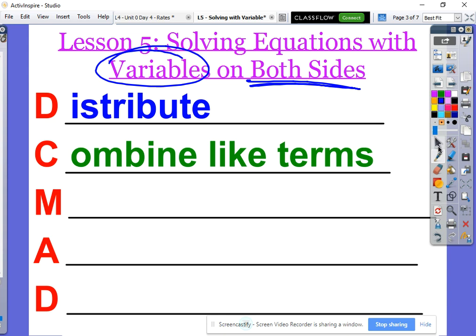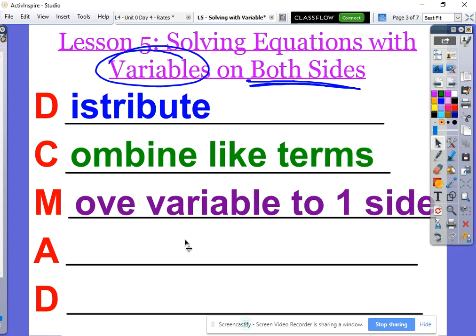So the M stands for move. You're going to need to move that variable from one side to the other to get the variables on either the left side or the right side of that equal sign. Okay? So M stands for move the variable to one side.